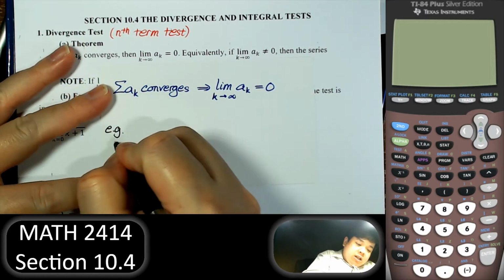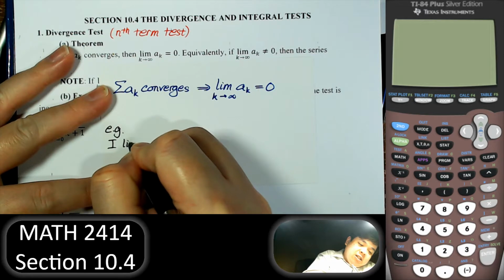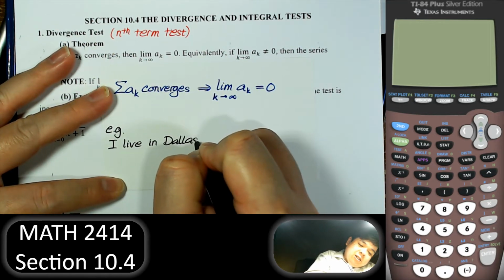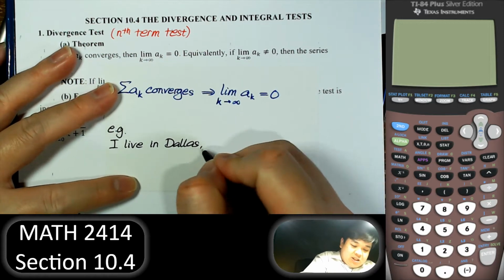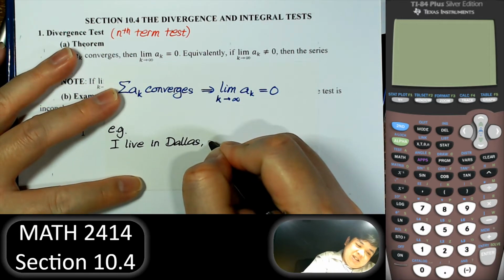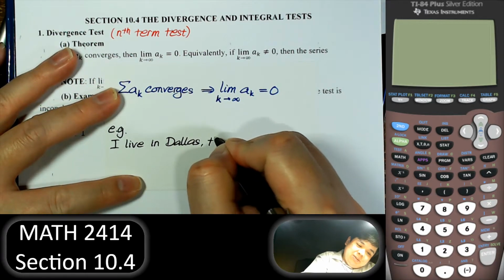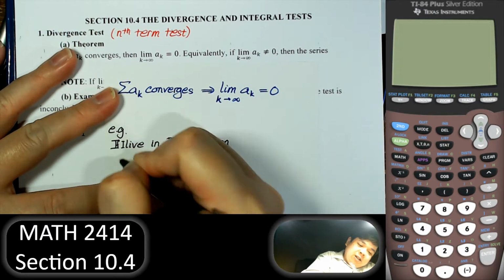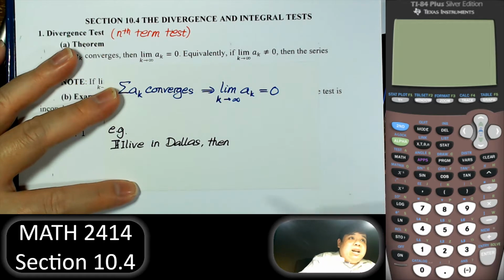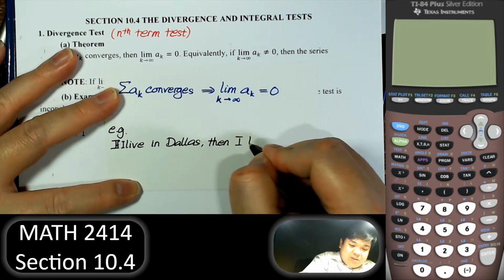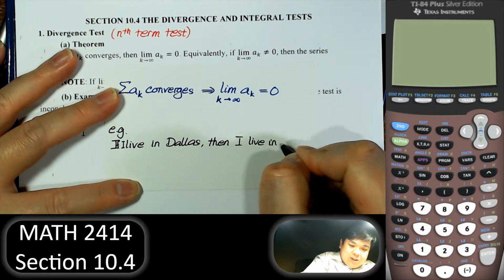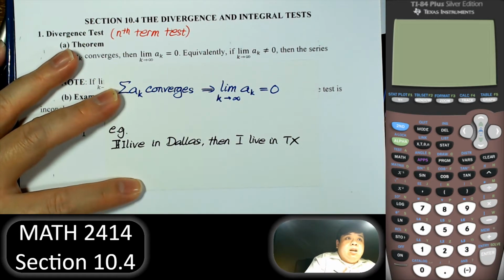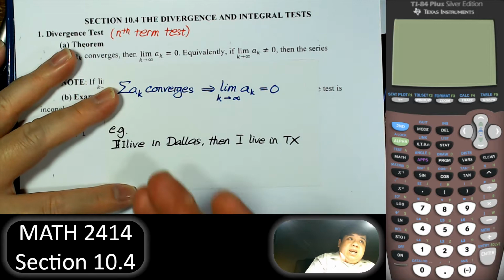If I say, if I live in Dallas, then I live in Texas, this is a statement. I cannot just reverse it and say if I live in Texas, then I live in Dallas.